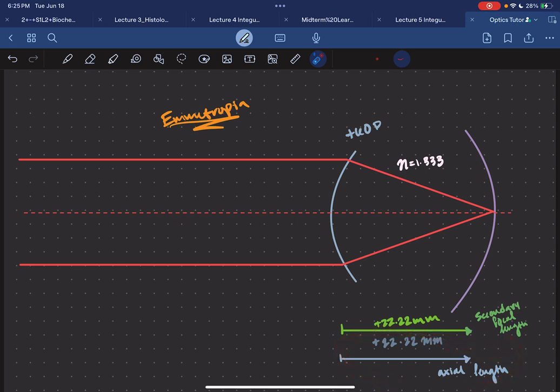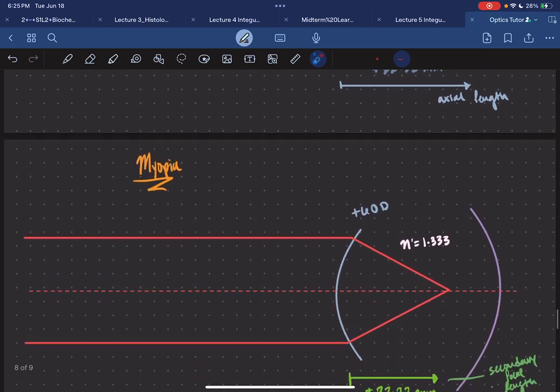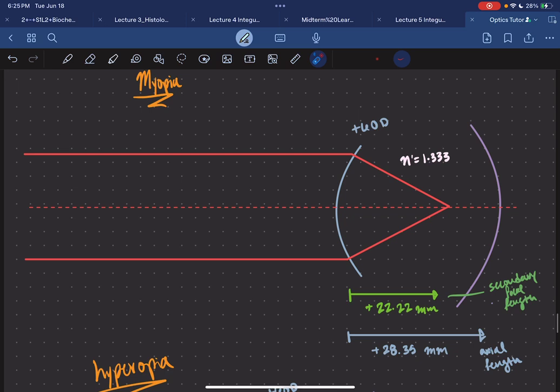If we were to do the math, which we're going to talk about in a sec, to figure out what correction this emmetropic eye would need in order to have the focal point be the same as the axial length, we would find that we would need 0 diopters of correction, right?